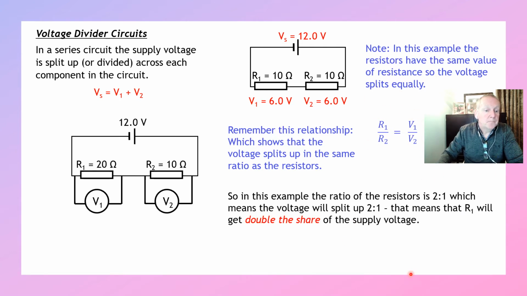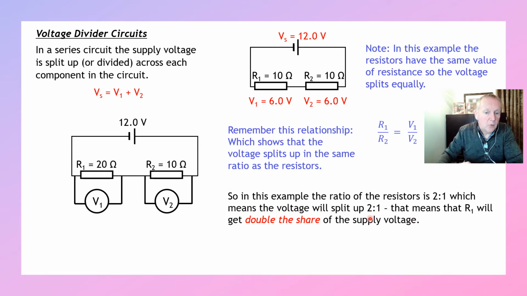So here we've got another circuit, different this time because R1 is now double the size of R2. You can answer these questions when the numbers are simple like this by doing a proportion or ratio calculation.